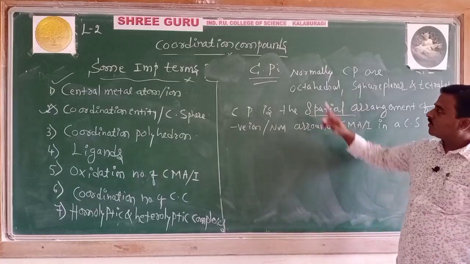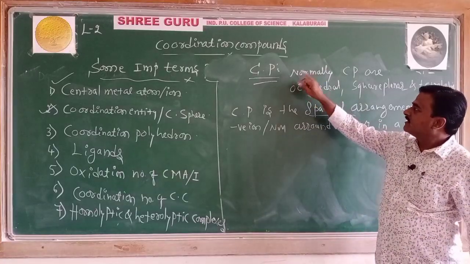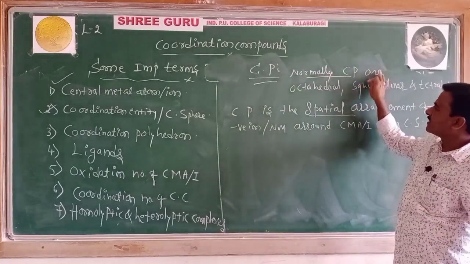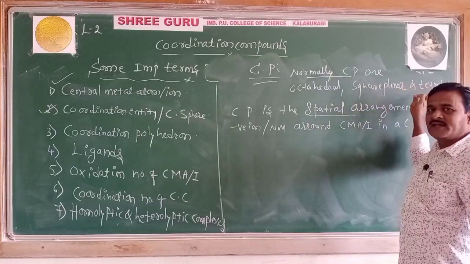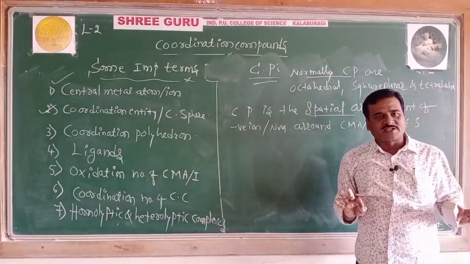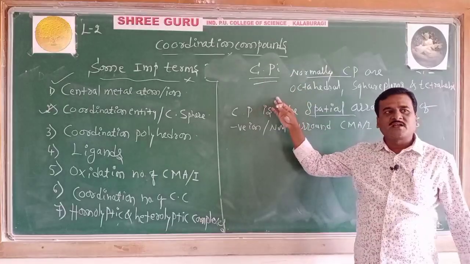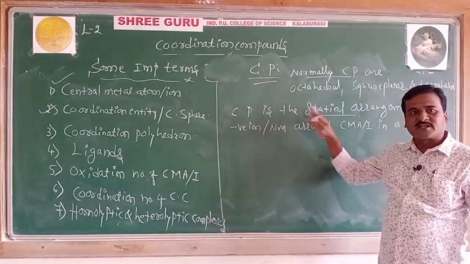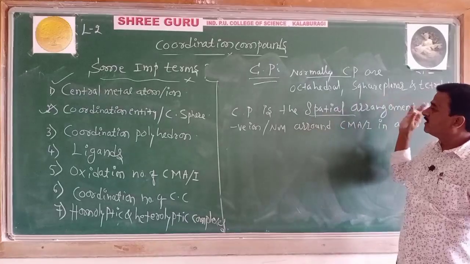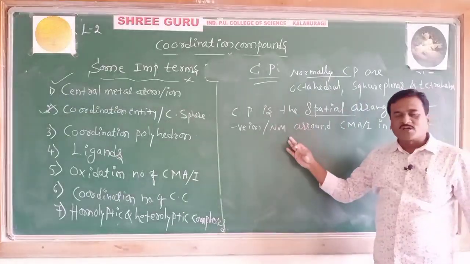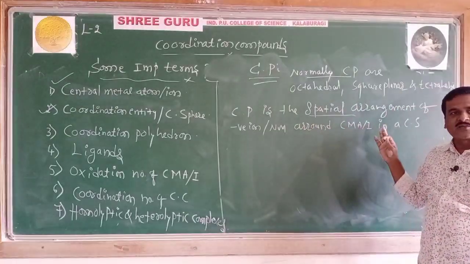I repeat, what is coordination polyhedron? The normal coordination polyhedrons shown by the coordination compounds are octahedral, square planar and tetrahedral. So how do we define this? It is a spatial arrangement of the ions or neutral molecules around the central metal ion in the coordination sphere.